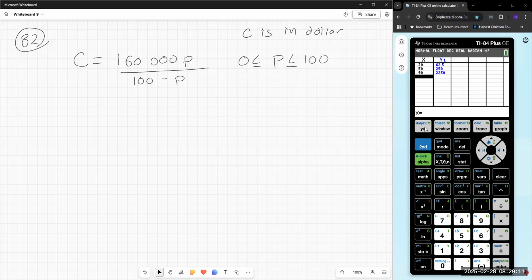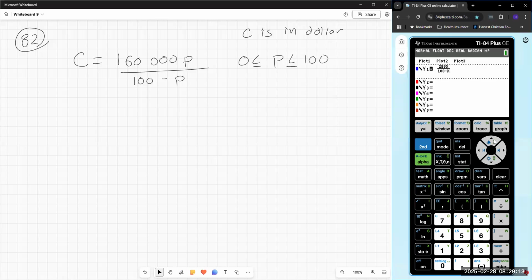So let's go ahead and change our formula here, and we're going to say 160,000 x over 100 minus x. And we're going to be asked to find the cost for 25% removal.